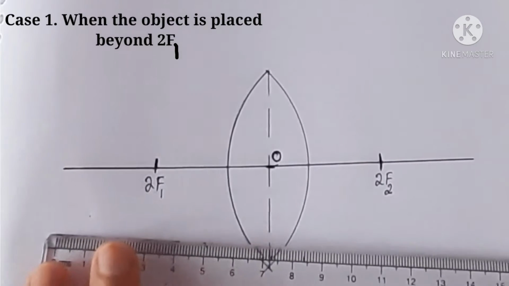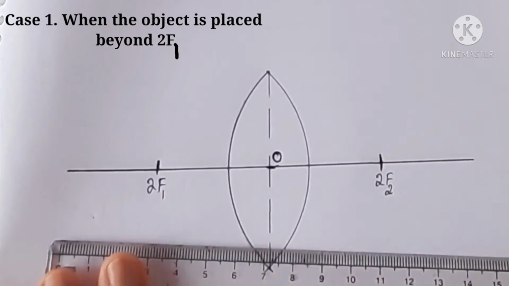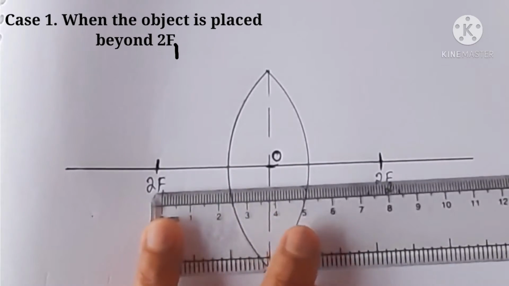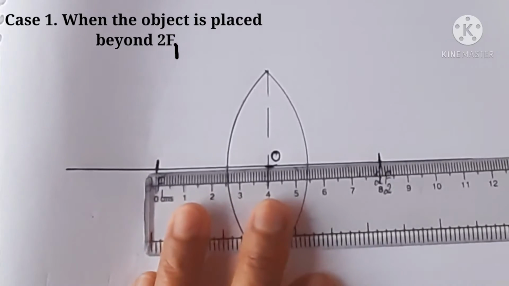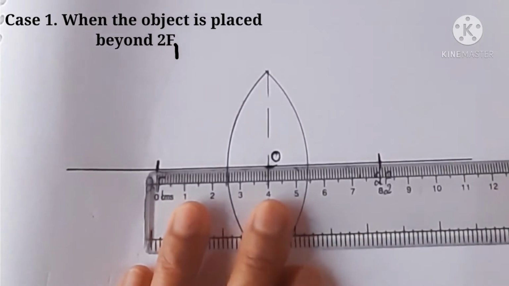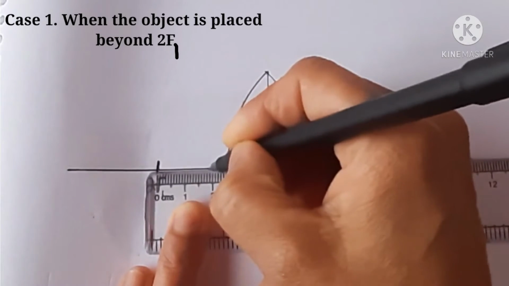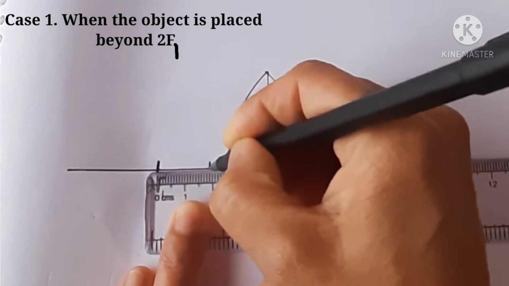Keep that in mind. Next step, we will find the focus F1 and F2, the first and the second principal focus. How do you find that? Since from O to twice F1 is 4 centimeters, half of that will be the focus F1.